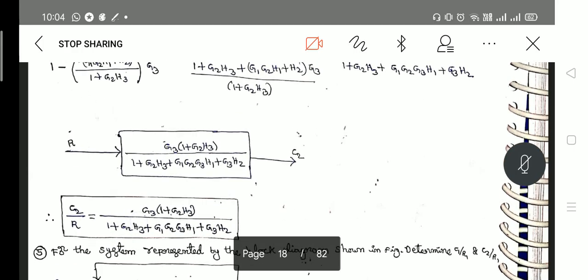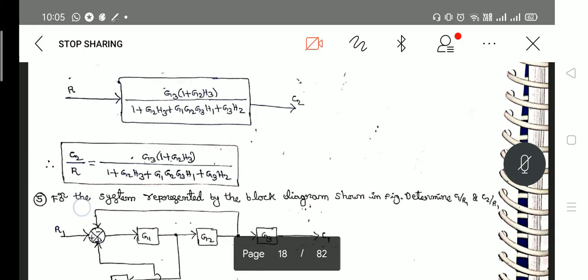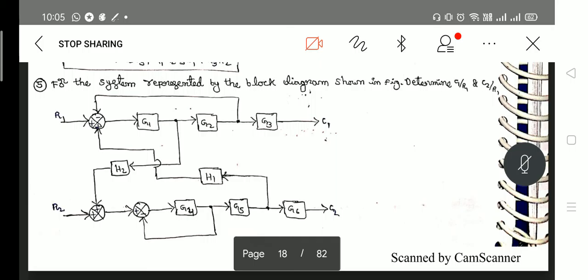Any doubts? Ask me now, because this is the second time I'm explaining these problems. Okay, all of you are clear, I think. This is also the same type of model. Station 1 to station 2, like that you have to take first C1 by R1, next C2 by R1. You have to take the same problem.